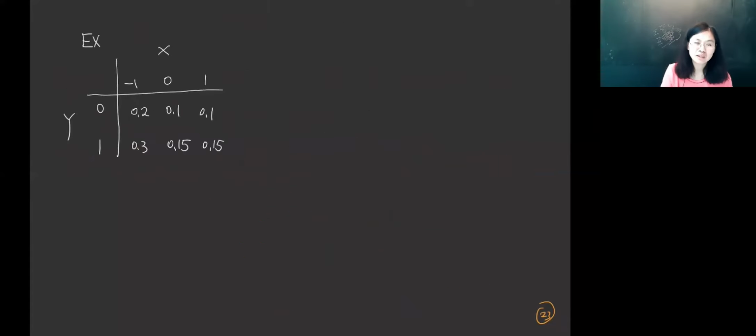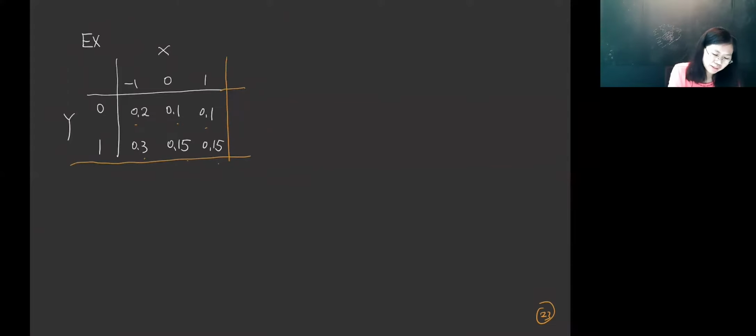Let's consider an example of two independent random variables, and let's see what their joint distribution looks like. This is a joint distribution described in a two-way table. The joint PMF values are given in these 6 cells, and we want to find the marginal distributions.